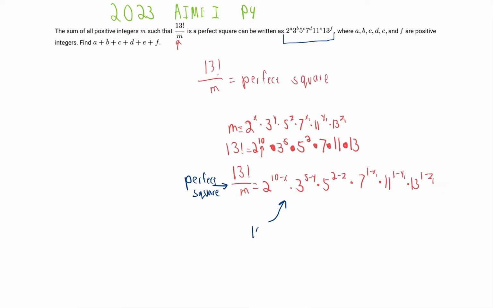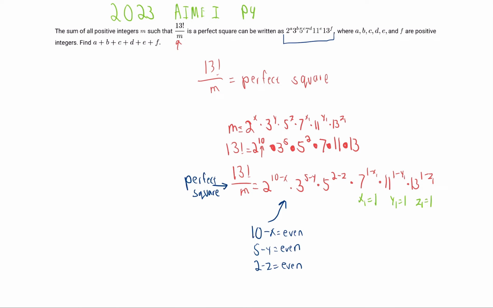So 10 minus x is even, 5 minus y is even, 2 minus z is even, and so on. And we know that 1 minus x1 is even, so x1 is equal to 1. It's the only possibility, and same with y1 and z1.